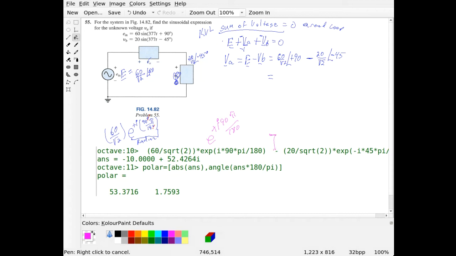And then here's my minus sign, minus the 20 divided by the square root of 2 times e to the minus, because this is a minus up here, I times 45 times pi divided by 180.